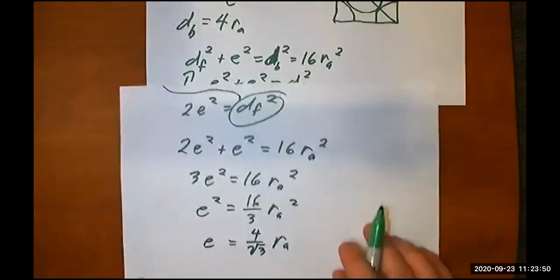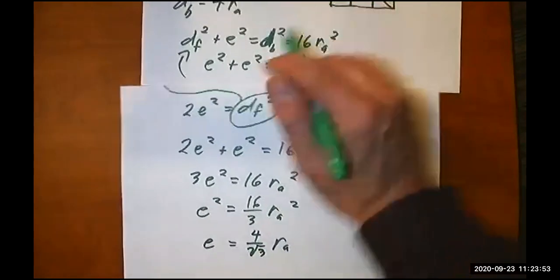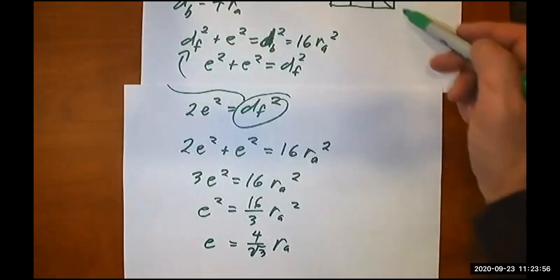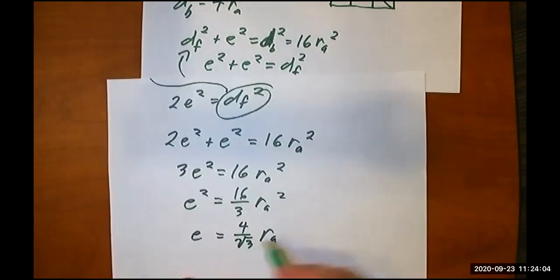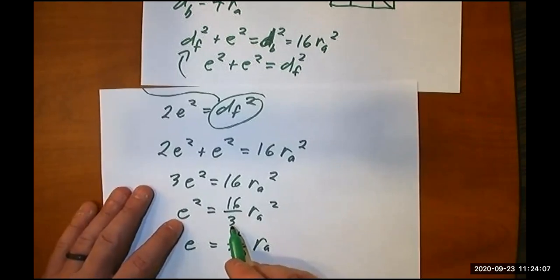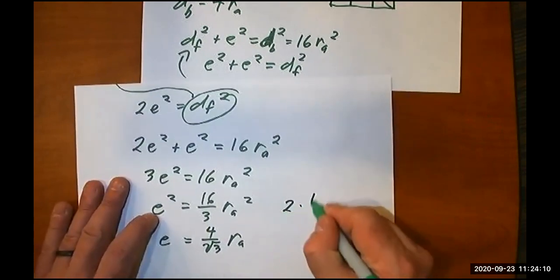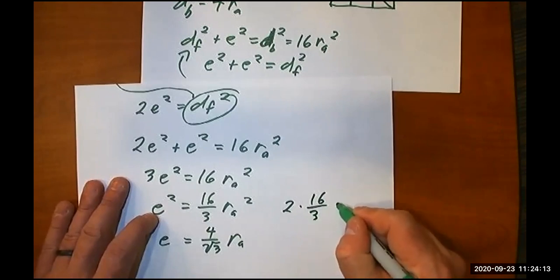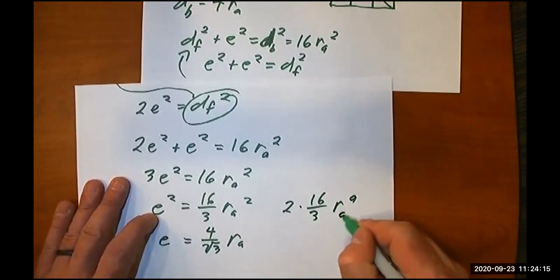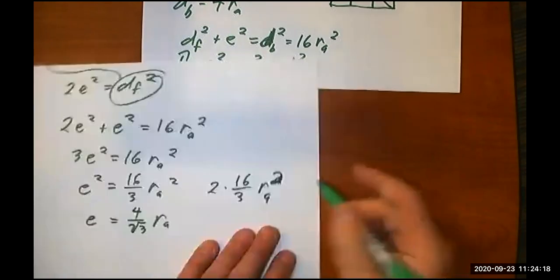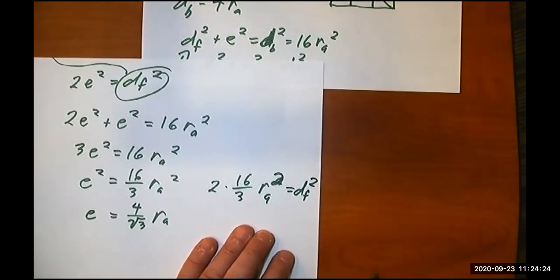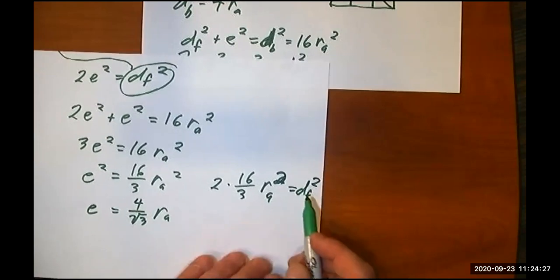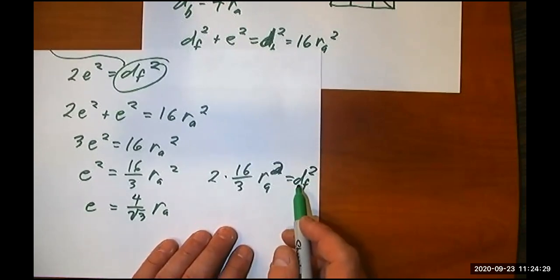Now that we have an expression for e, we can find d_f, which is the thing that we needed, right? So 2e squared equals d_f squared. So e squared we already have here. So 2 times 16 over 3 r_a squared equals d_f squared, right? So take the square root of this.